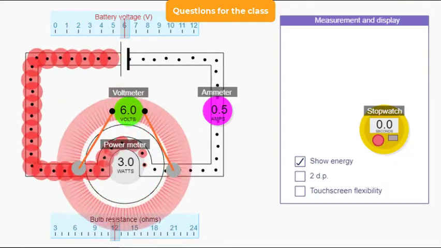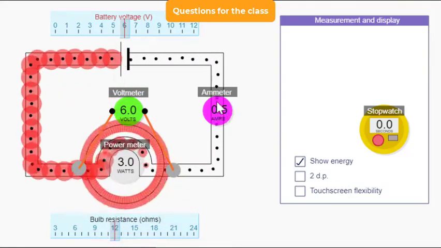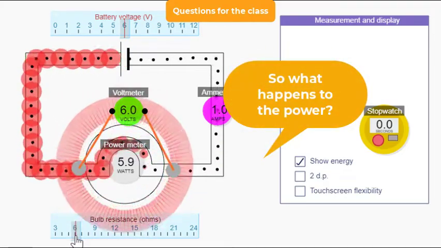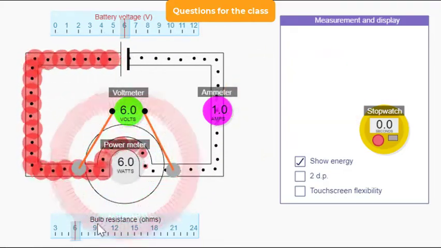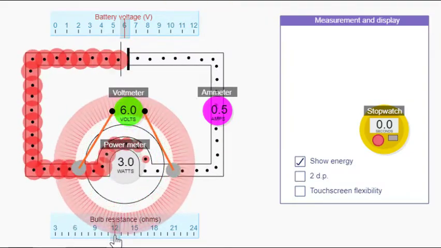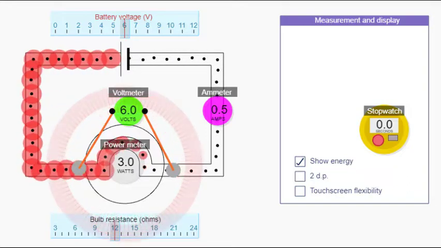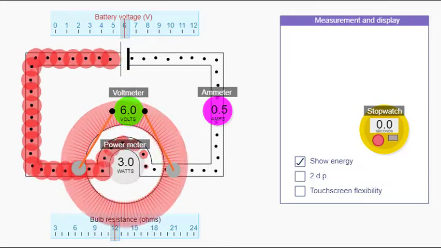That halves from 1 ampere to 0.5 amperes. So what happens to the power? That halves too, from 6 watts to 3 watts.